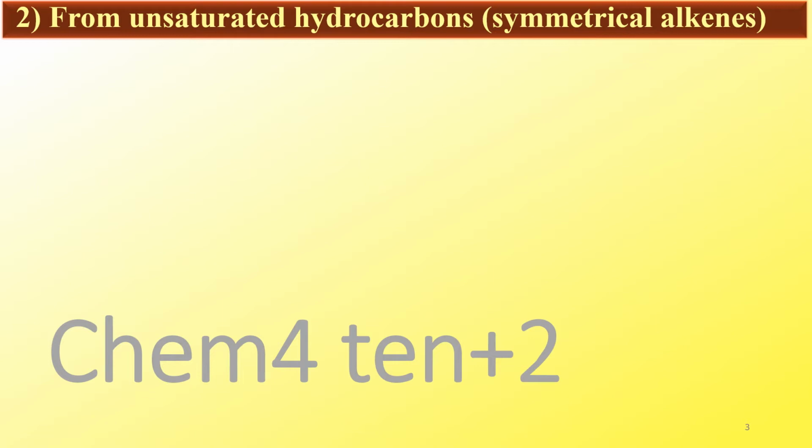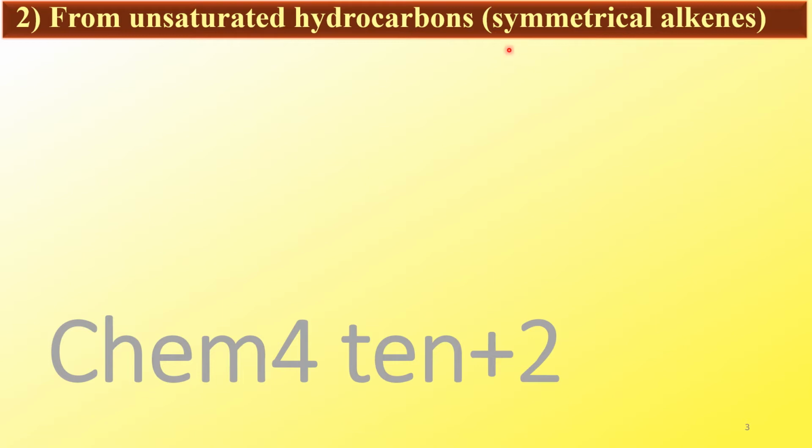Compounds containing double or triple bond are said to be unsaturated hydrocarbons, and here in this reaction we are going to use the unsaturated hydrocarbons which contain double bond. Hydrocarbons containing double bonds are said to be alkenes. The alkenes which we are using here are symmetrical alkenes.